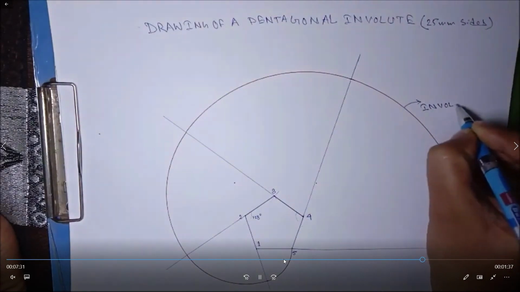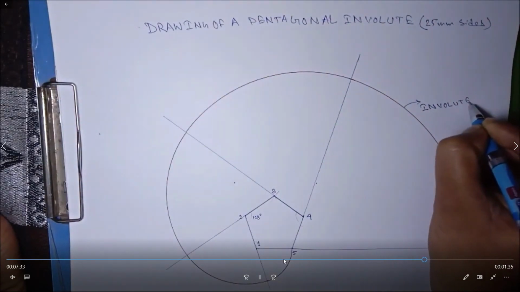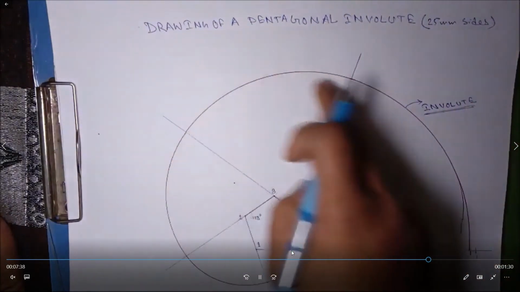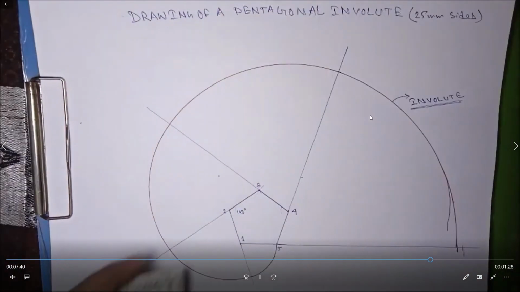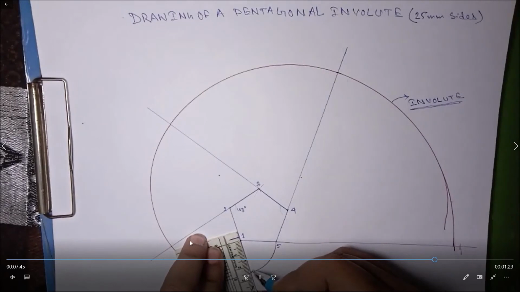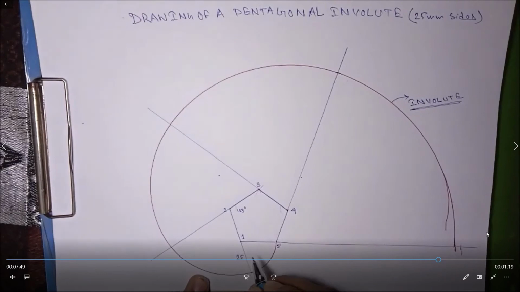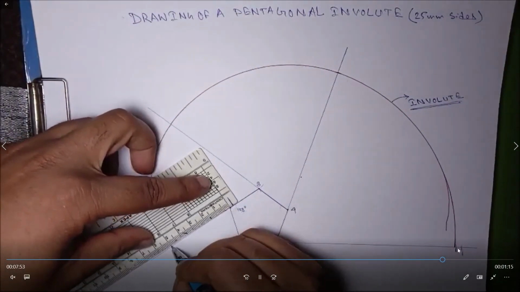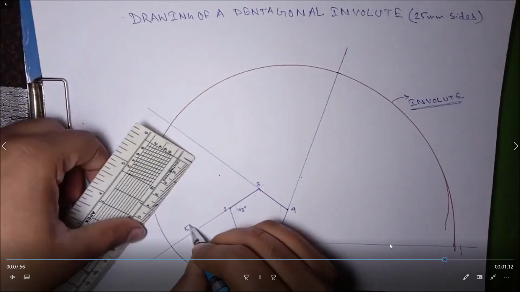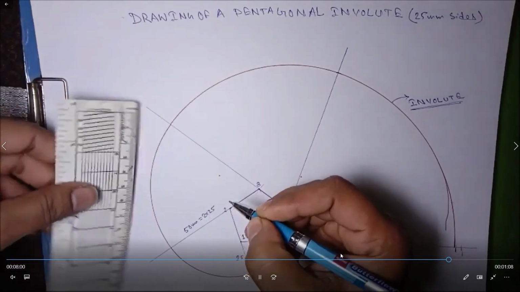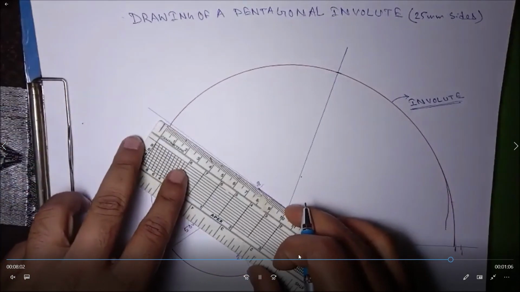This is the involute of a pentagon. In this way, we draw. I will take directly radius to cut: 1 to 25, 2 to 50, 3 to 75, 4 to 100, 5 to 125. Or you draw the circumference of the pentagon distance 125. On 125 we divide into 5 equal parts, 1 dash, 2 dash, 3 dash, 4 dash, 5 dash, and we take the radius P to 1 dash.